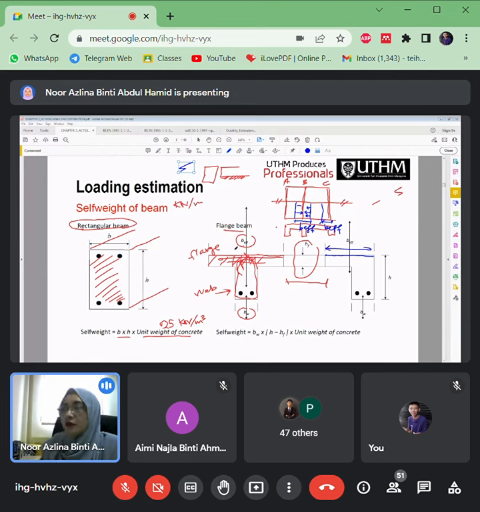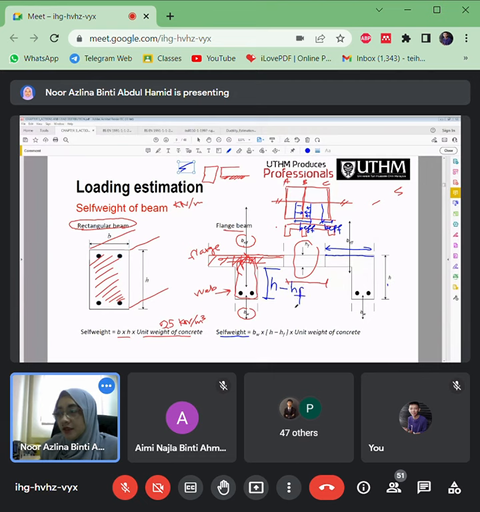Okay, all right. So to calculate the self weight of the flange beam, we just consider below the slabs here, the height below this slab. So that's why it is H, the total height of the beam, minus the thickness of the slab.